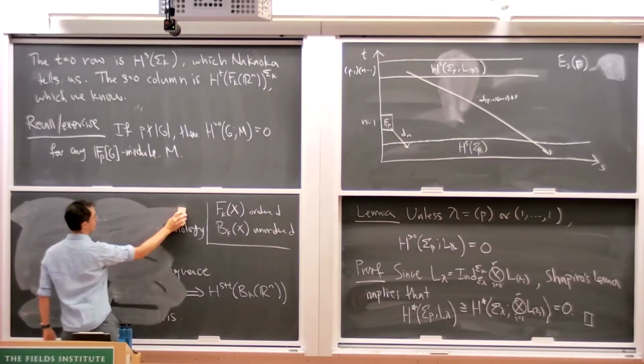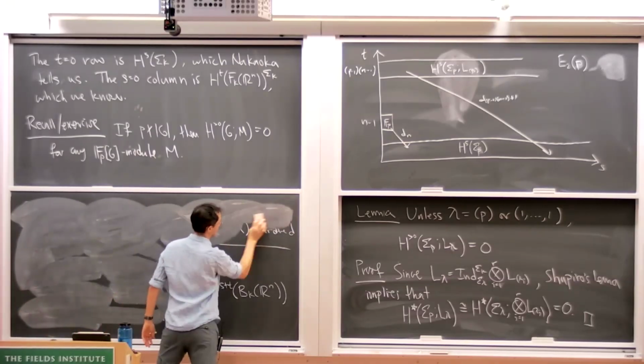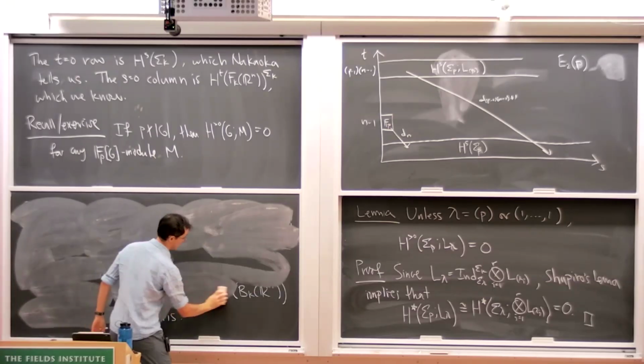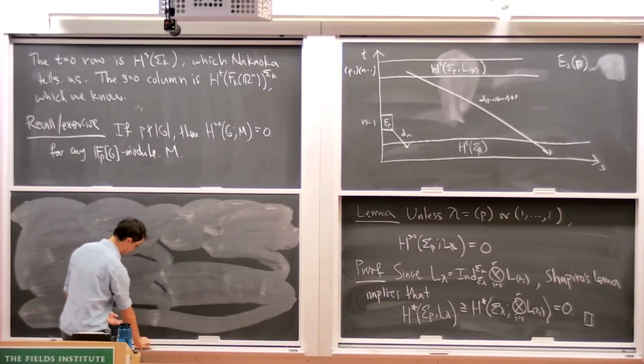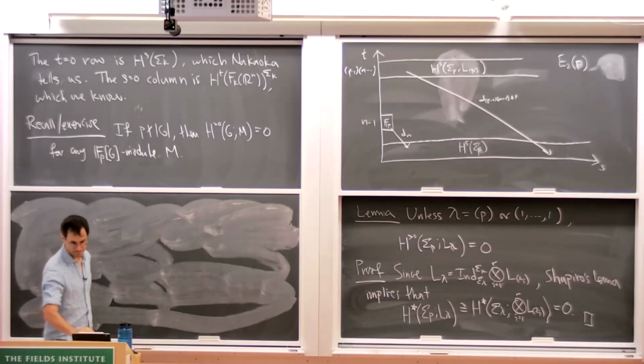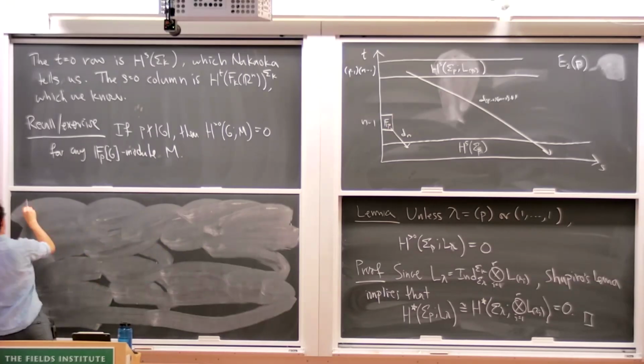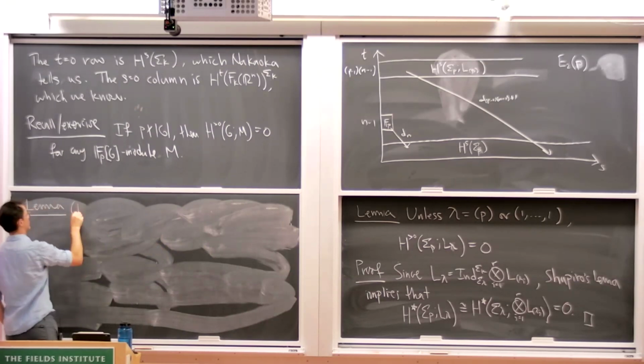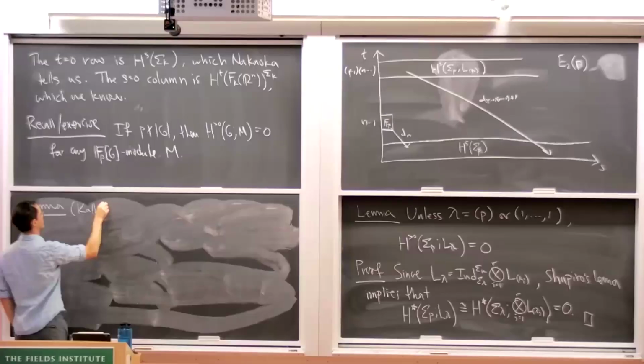Okay, so we are going to use a bit of a priori vanishing on E infinity, namely the following, which is a lemma that I learned from the paper of Kuhl's.